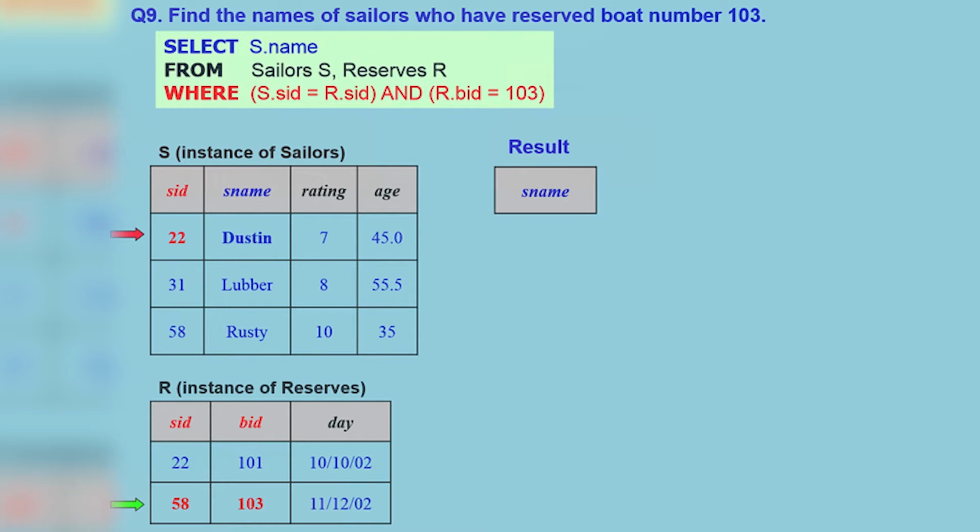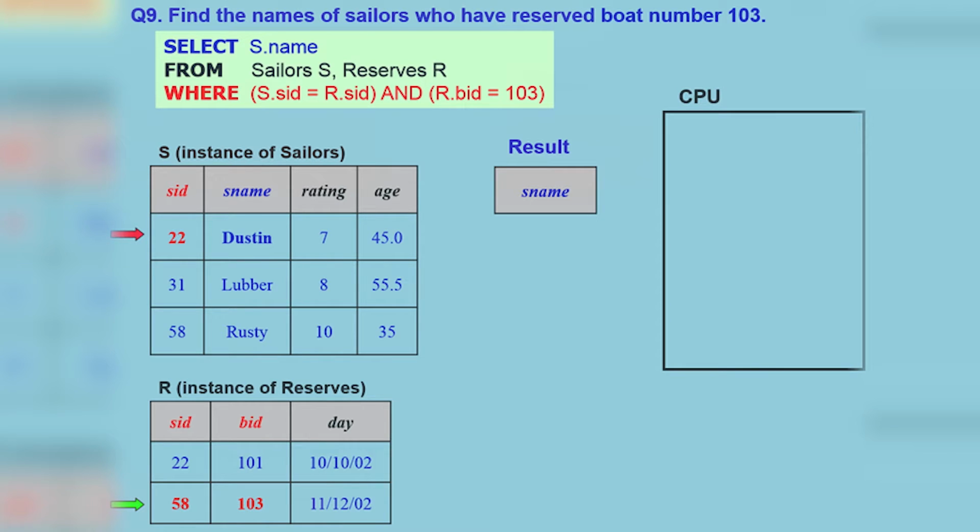Next step. Let's compare the first row from table S and the second row from table R. S.SID is equal to 22.